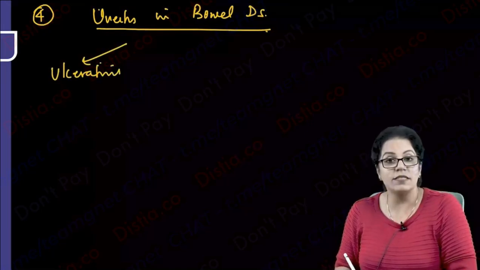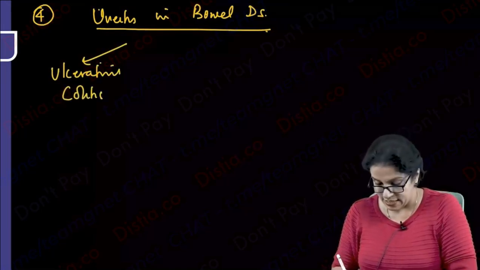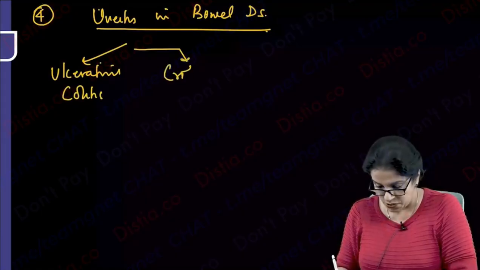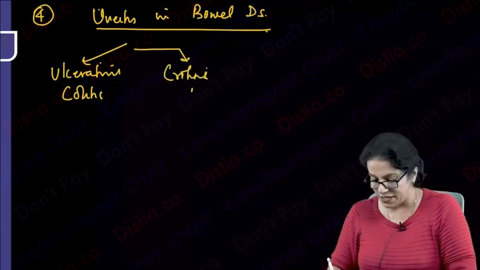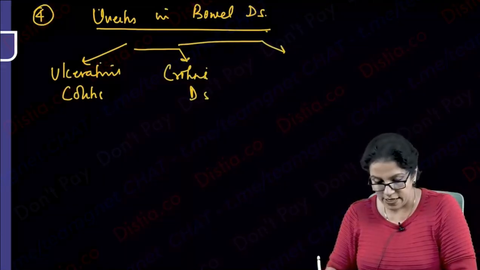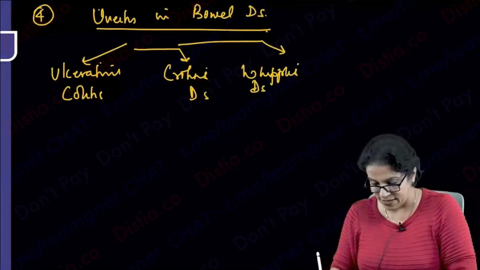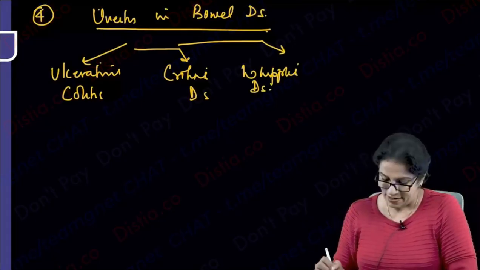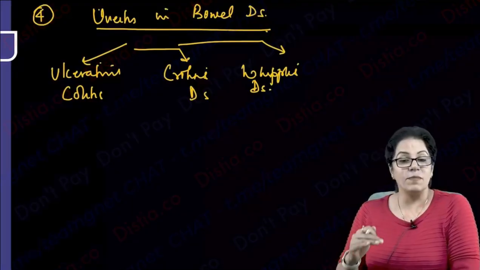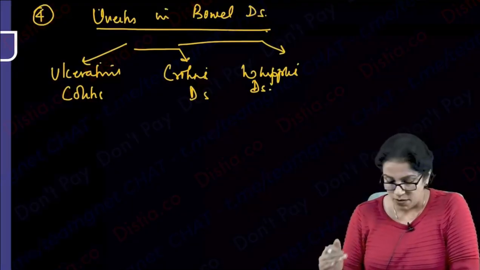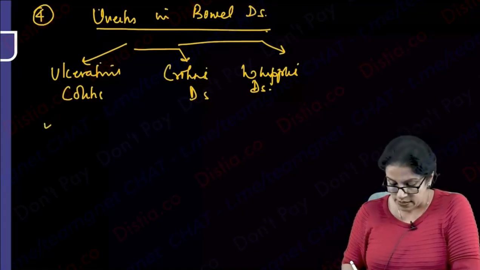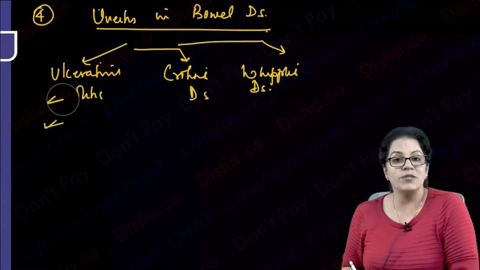I think I already mentioned this is more common than Crohn's disease. You all should be knowing the specific details of each. And third, that is Whipple's disease. Okay, if you have forgotten, please revise all this. What are the specific features? Right. So all these three may be associated with uveitis. Most common, it is the ulcerative colitis which is associated. That is one point to remember.